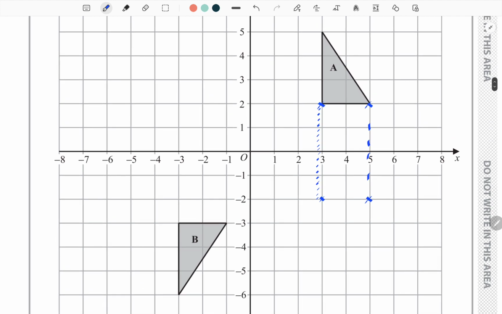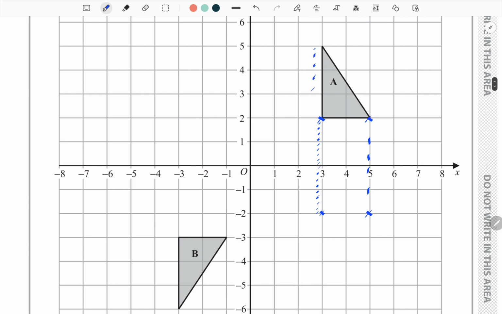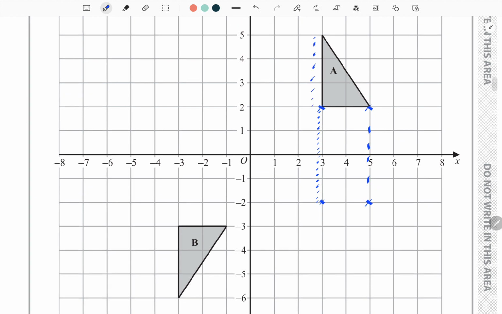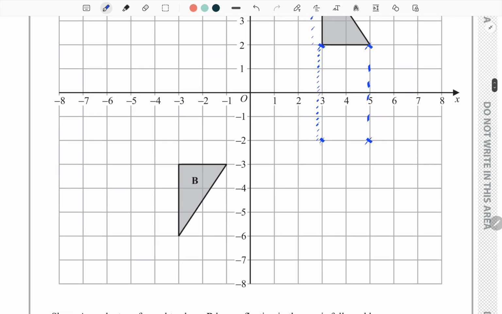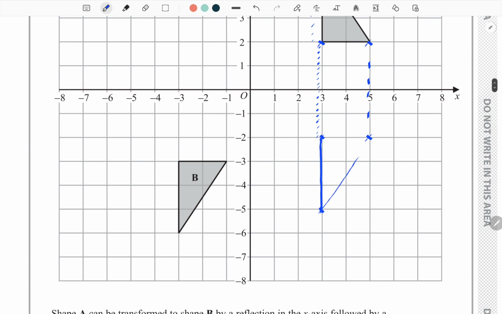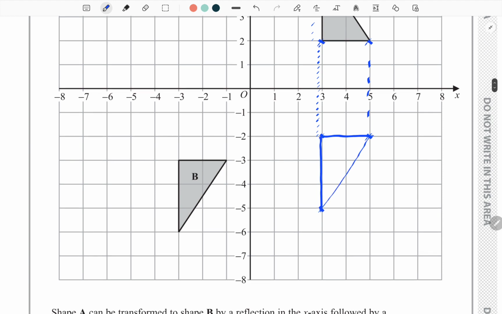And the tall side here, as you can see, is 3 squares tall. So from there, we're going to go down 3 squares down from there. I hope that made sense. There we go. So that's our intermediate. From this reflected shape, let's call that R for a moment.